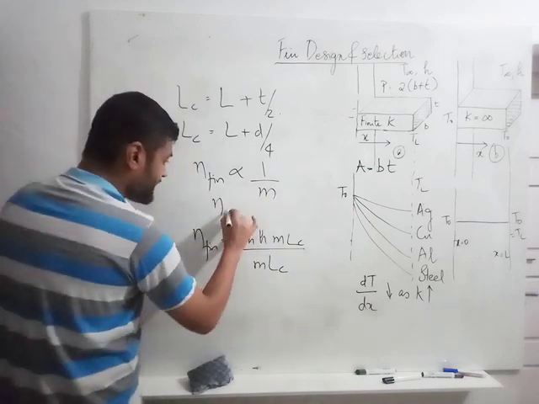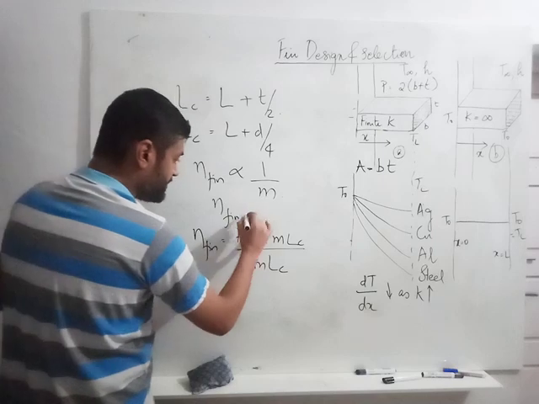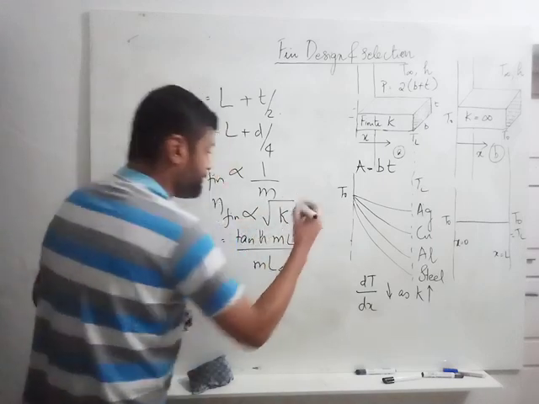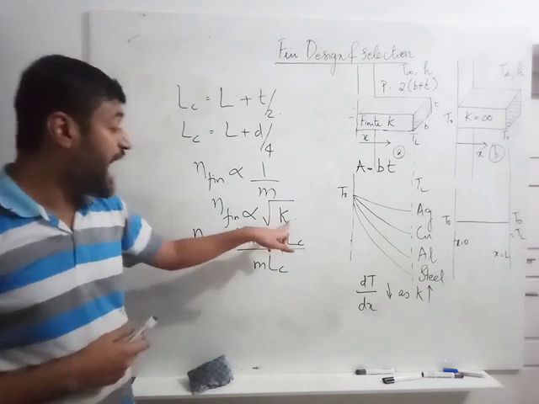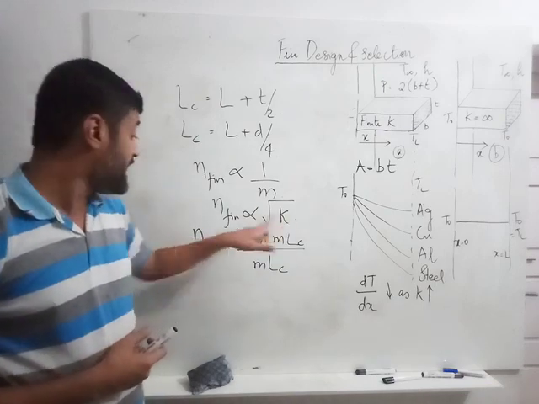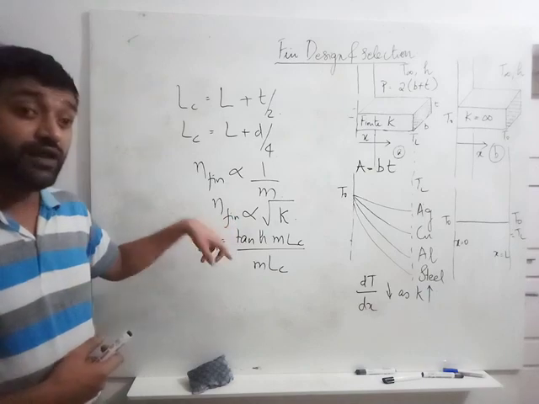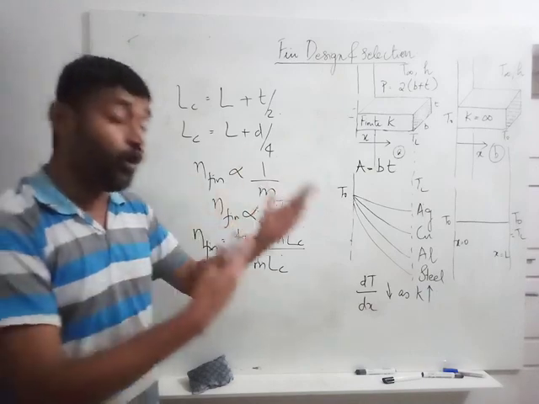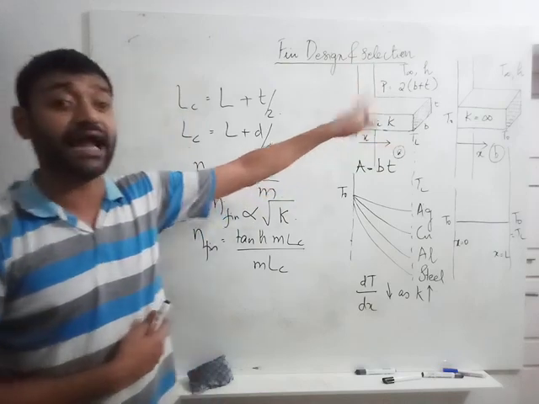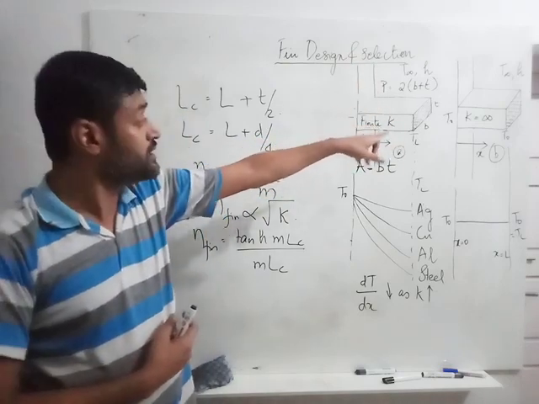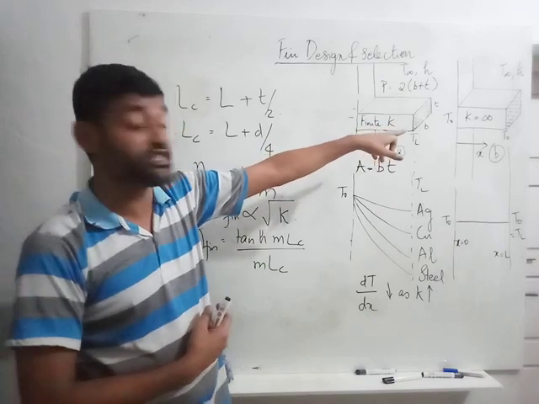Or in other words, substituting the value of m, eta fin is proportional to square root of k. Now higher the value of thermal conductivity, higher will be the efficiency of the fin, and hence the fin will approximate more towards the case where the entire fin is at the same temperature, the root temperature, the base temperature T0.